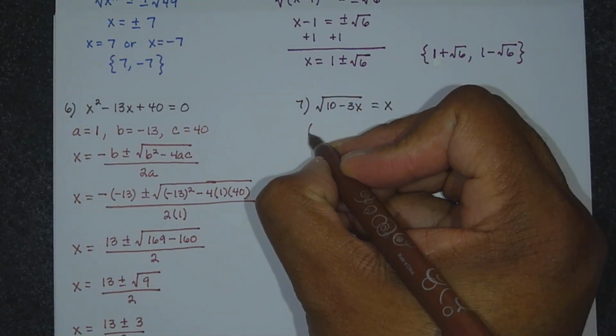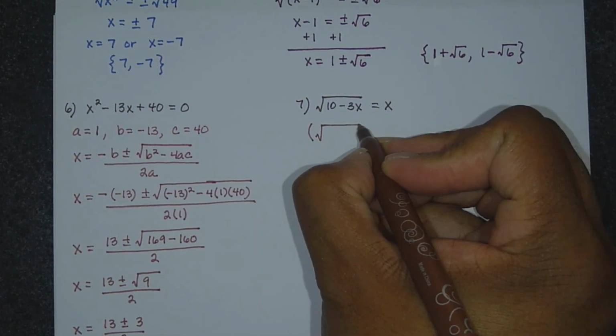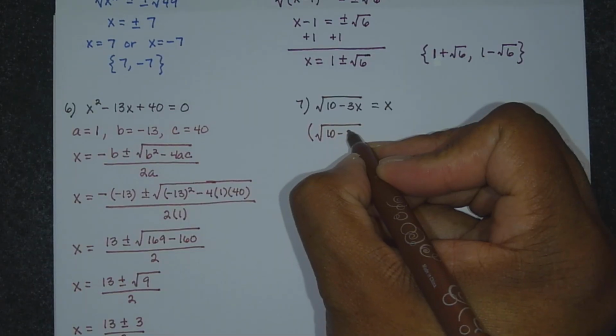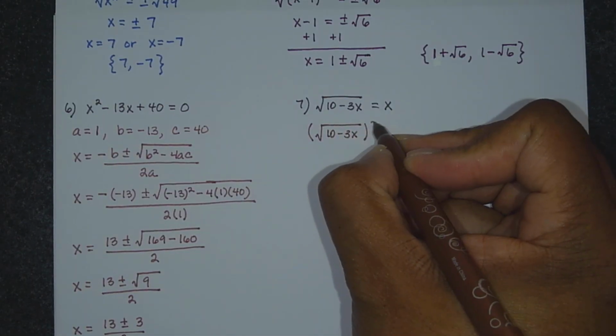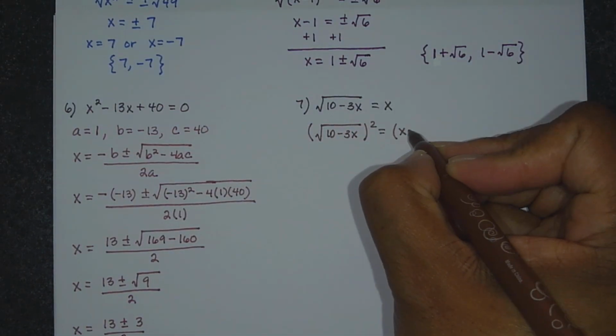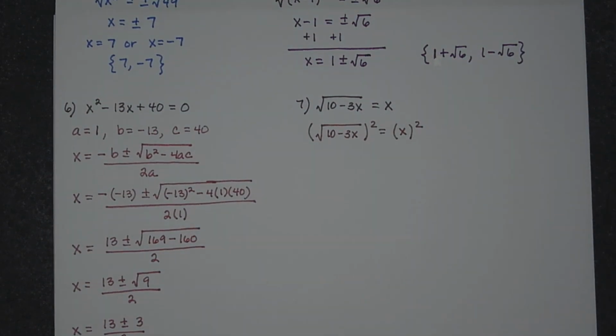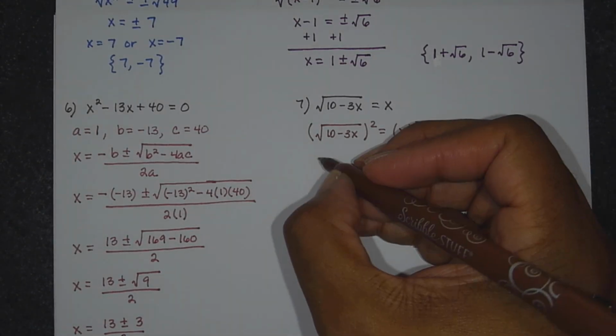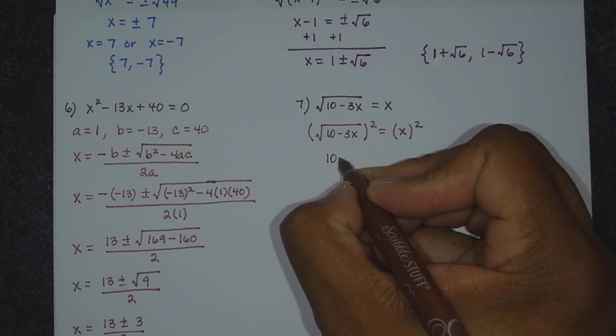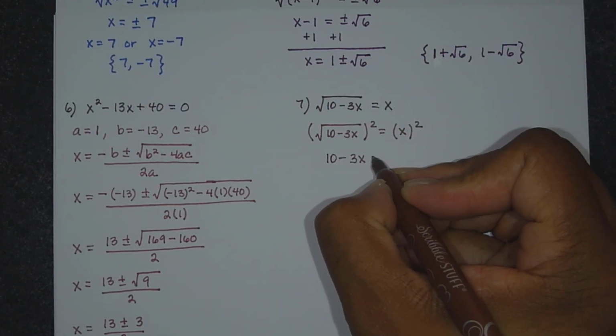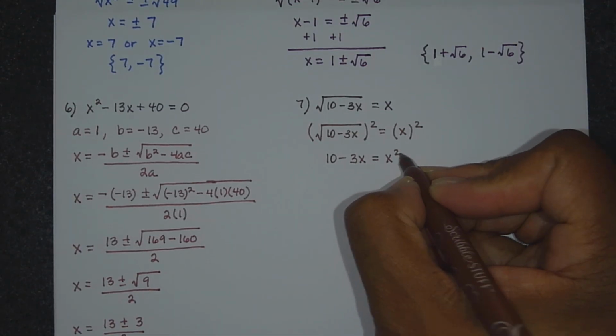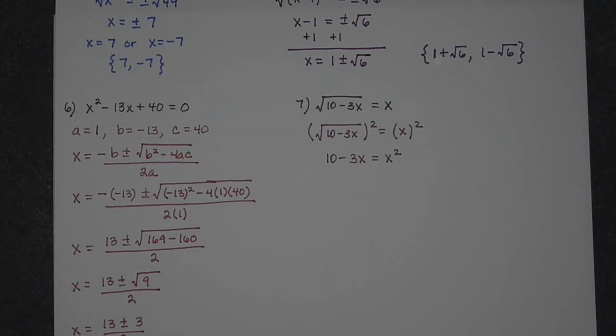So we have to square both sides of this equation to eliminate the radical, or the square root, I should say. So I'm going to square both sides of this equation. The square root of 10 minus 3x, when we square it, you'll be left with what's underneath that square root symbol, 10 minus 3x. And that's equal to x, and you square it, will be x squared.